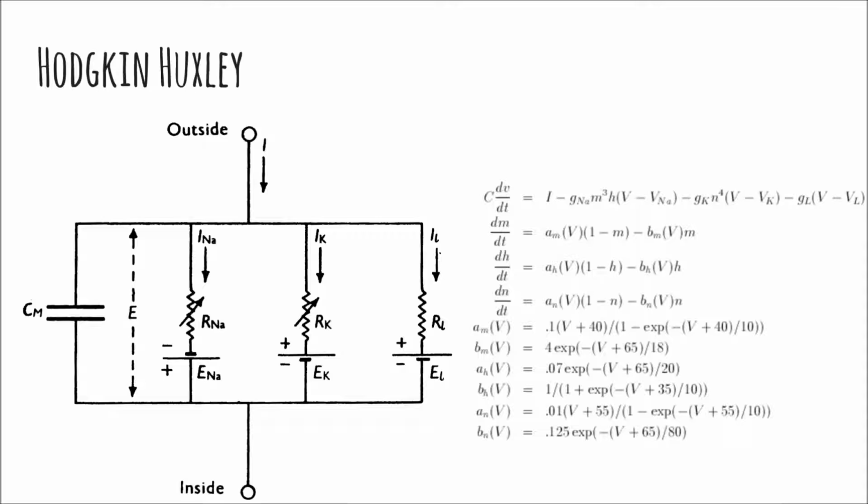And so we're going to play around with this a little bit in lab with a MATLAB demo. But I'm assuming most of you guys have heard of Hodgkin-Huxley by now.